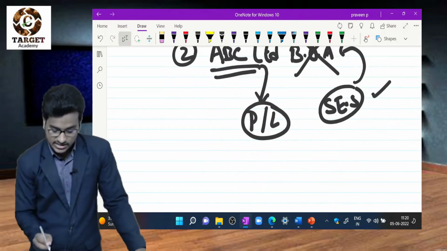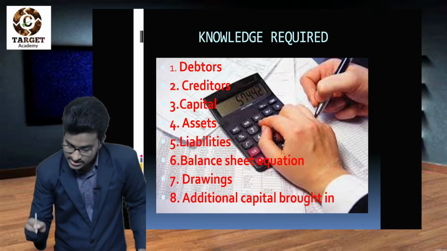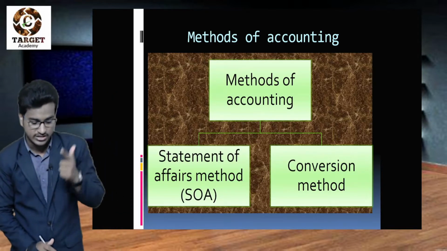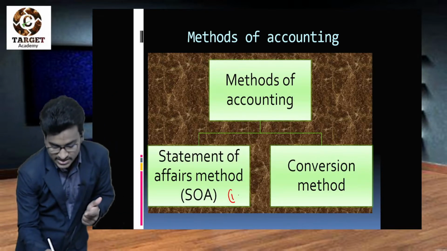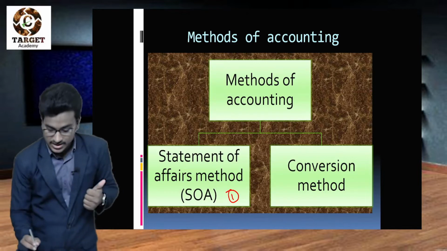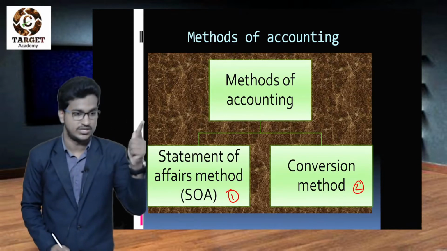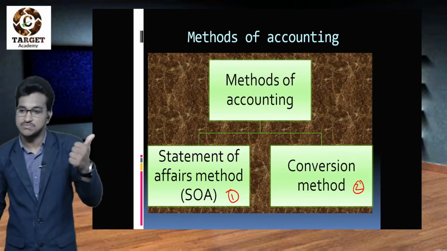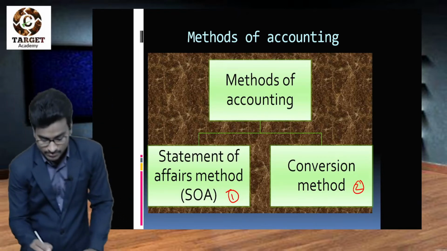So from the exam point of view, let us discuss. There are only two methods: first one is the statement of affairs method, second one is the conversion method. I repeat, only two methods: statement of affairs method and conversion method.